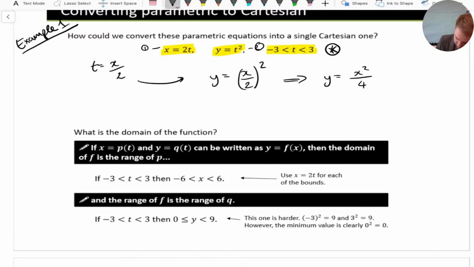They've substituted -3 in and then 3 in. So x is equal to 2 times -3, which is x equal to -6, and then x is equal to 6, and it gives us our domain, which is this one here.